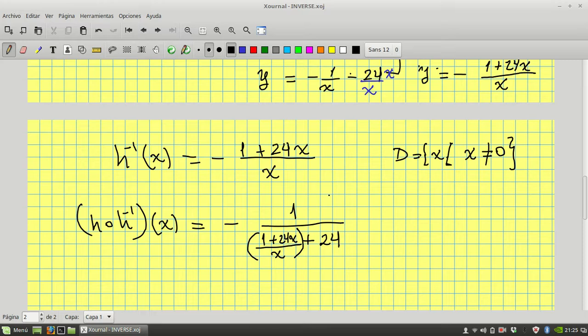This could be solved by a complex fraction. So how to solve a complex fraction? Multiply numerator and denominator by the LCD, that in this case is x, so times x, times x, x times 1 is x, x times this stuff is going to simplify the denominator, 1 plus 24x.